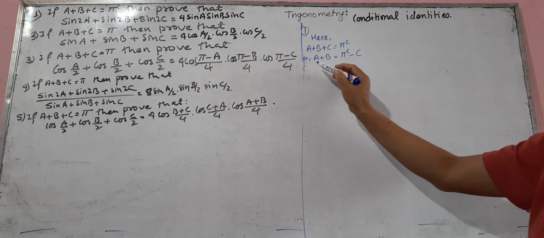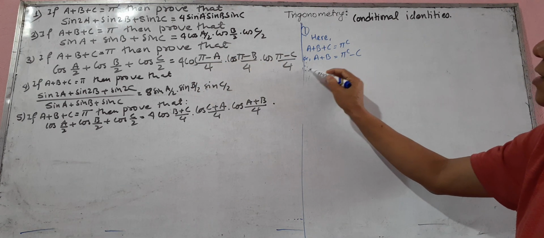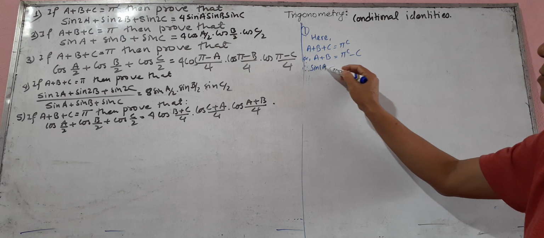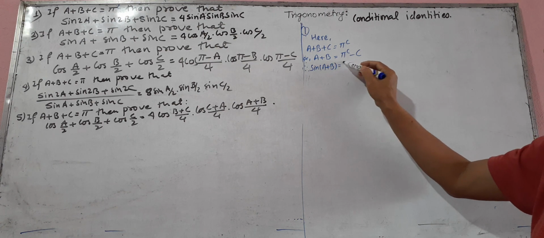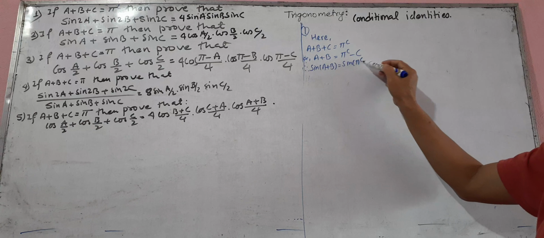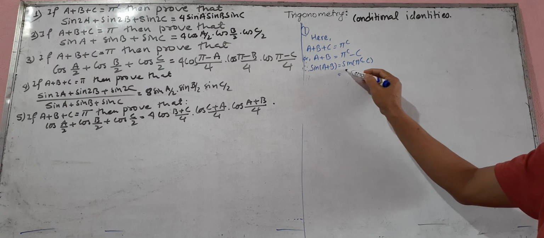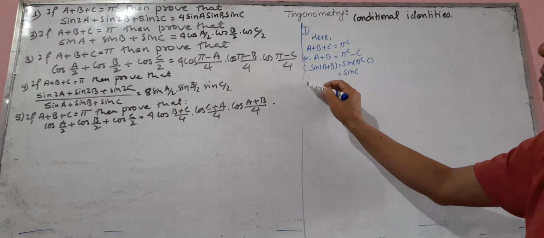Now taking sine on both sides, we get sine of pi radian minus c equals sine c.